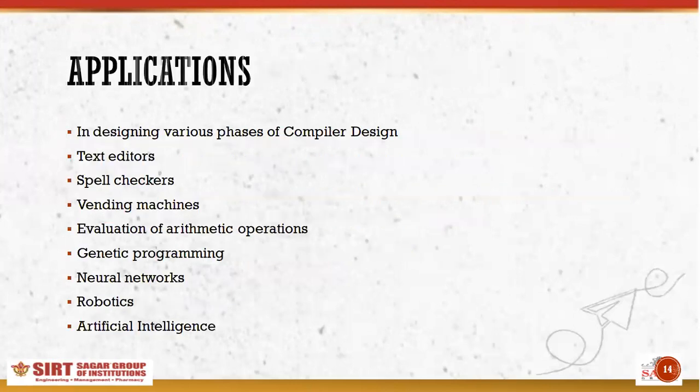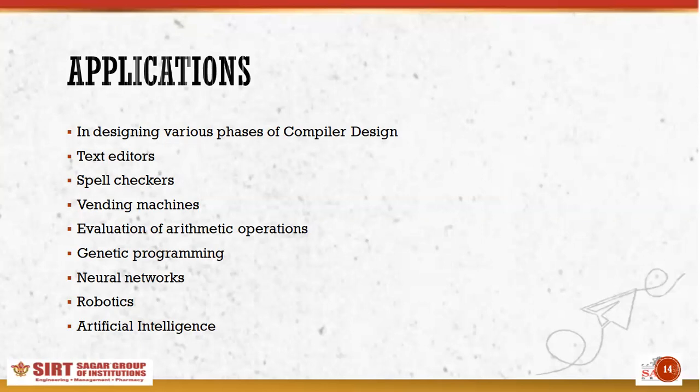Talking about the applications, automata and this theory of computation are used in many areas. The first and foremost is in designing the various phases of compiler design. We are also using its concepts in text editors, as you can see in many text editor software like Microsoft Office Word, Notepad, and others.